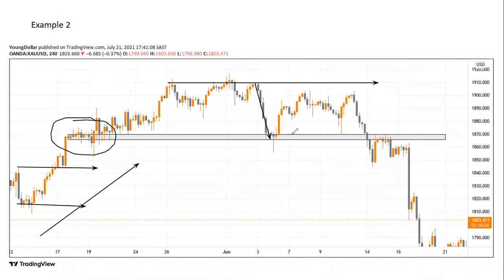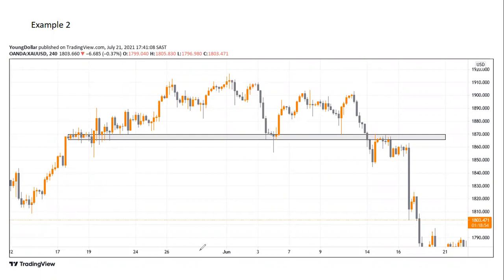Now we can see that this level here is our key level, that if the market breaks this level, we would want to see the market continue pushing to the downside. But we are not sure about whether the market is going to continue pushing to the downside or not. What we want to see is to gather the information that the market will be telling us.